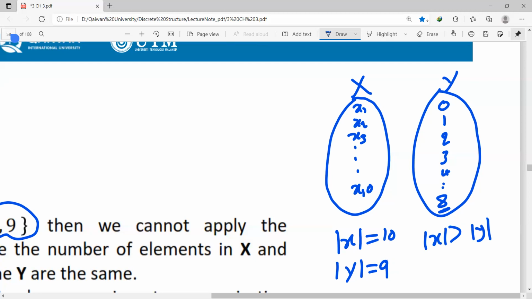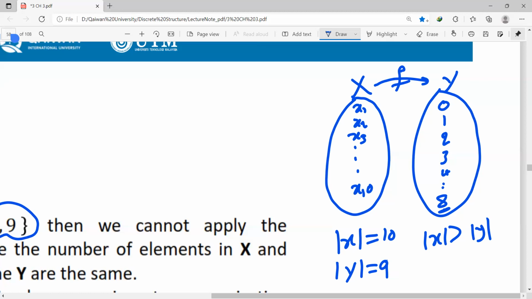We can apply the Pigeon principle of second form. We say if we have 2 sets and f is a function from x to y, such that the cardinality of x is greater than the cardinality of y, then we must have at least 2 elements in x which have the same image.